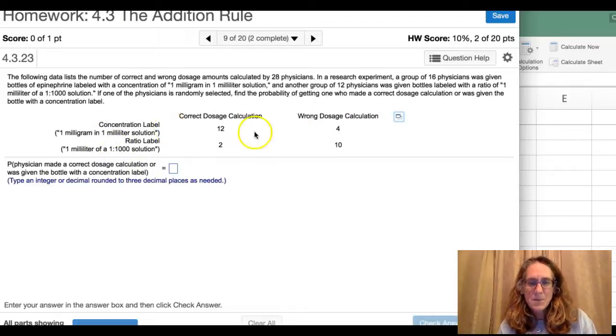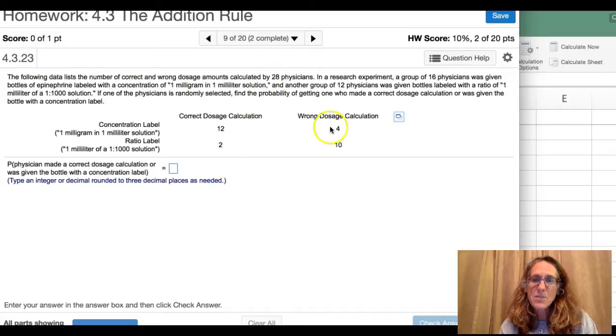So that means we want to add the correct dosage column to the concentration label row, but not add those 12 twice. So again, we can add 2 plus 12 plus 4 and get 18 and divide that by the total, which is 28. They in fact told us it was 28.